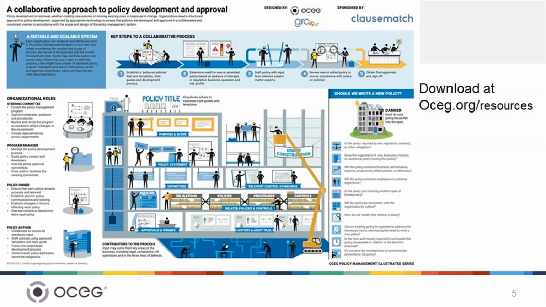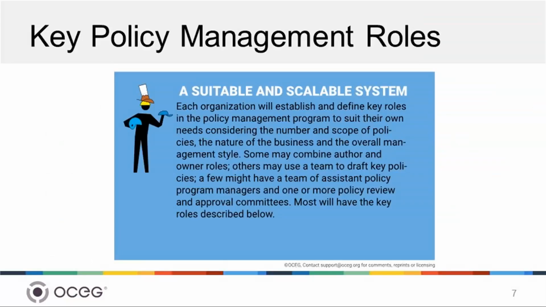HR's got theirs, and corporate compliance has theirs, and IT security's got theirs, and accounting's got their policy portal. And more I'm seeing organizations take this enterprise approach to policy. So in that context, with an enterprise policy management strategy, you need an approach and system that allows the different stakeholders from these different groups that have their own respective policies to be able to collaborate and work together.